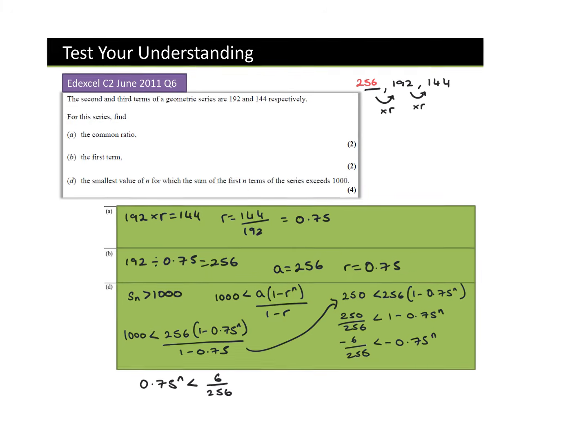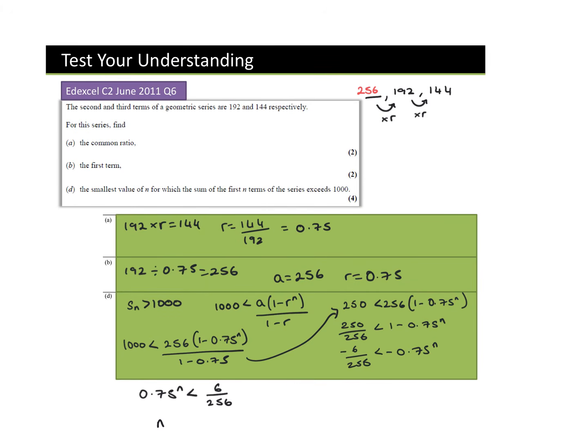Now I'm going to use my log laws. So n is less than log to the base 0.75 of 6 over 256.